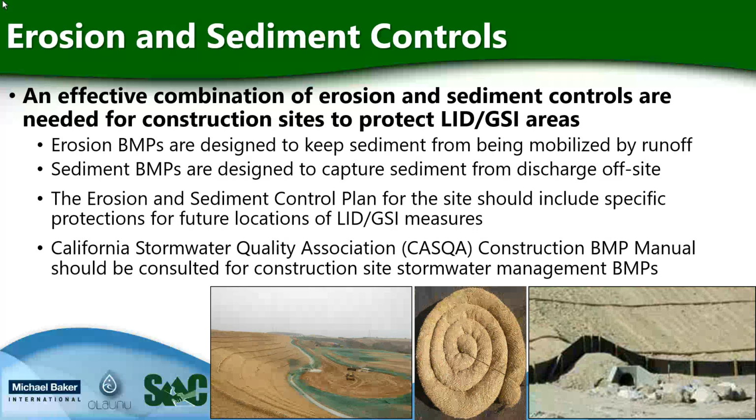The erosion and sediment control plan for the site should include specific protections for those future locations of LID and GSI measures. Specifically, the California Stormwater Quality Association Construction BMP Manual should be consulted for construction site stormwater management BMPs.